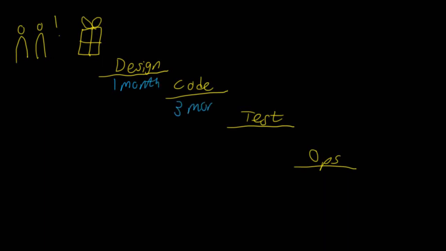We need to code it. We need to test it to make sure it's quality. And then we need to ship it with our operations guys or ladies. And then we think through, okay, this will probably take a month of designing, coding, maybe 3 months. Okay, oversimplifying here. Testing will take a month. And then operations, that'll take a month as well.